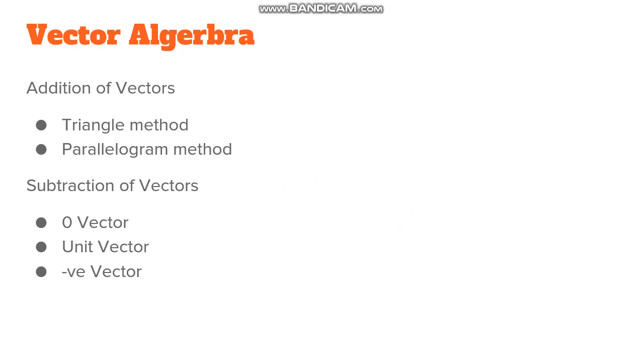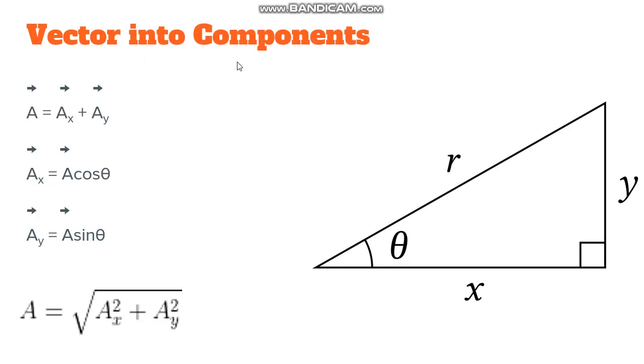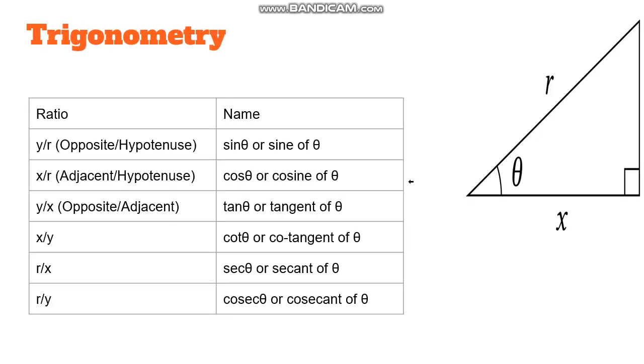However, the standard way of defining a vector is in terms of components. For example, a vector A, or in this case R, can be defined by the x component of R as well as the y component of R. A of x is equal to A cos theta and A of y is A sin theta. If you don't have knowledge of trigonometry, I'll cover that as well.